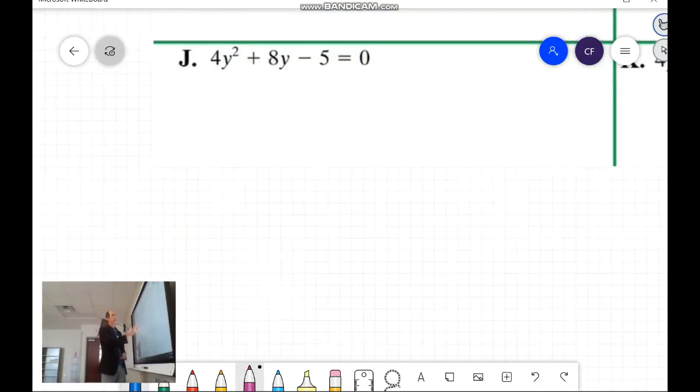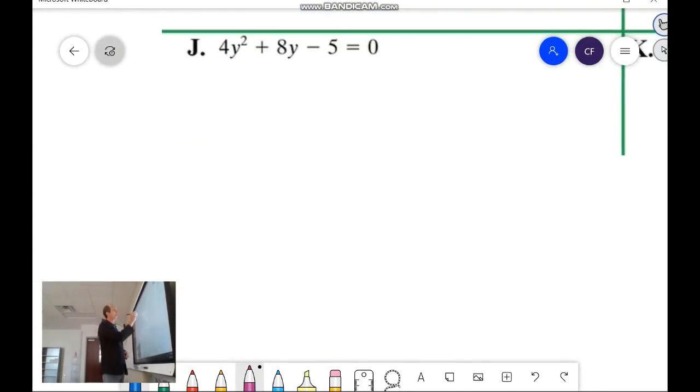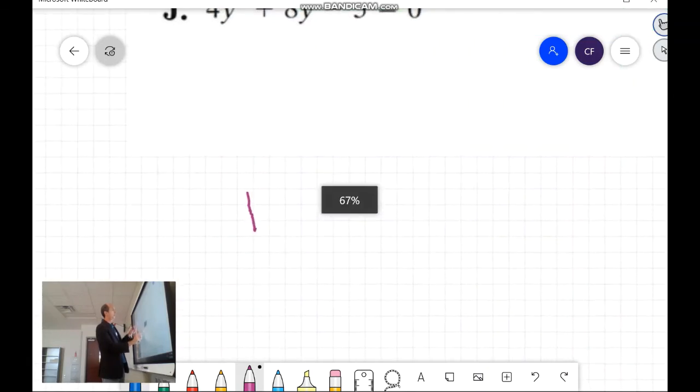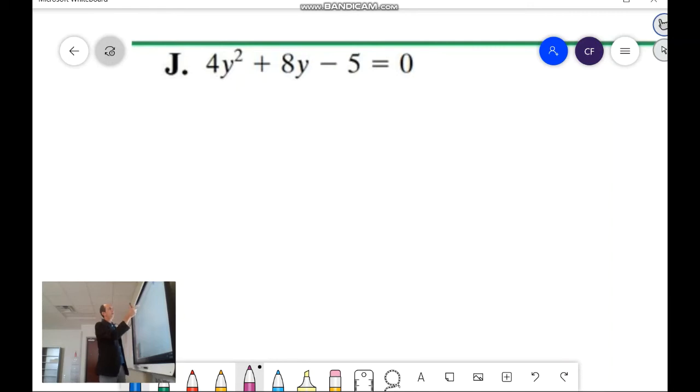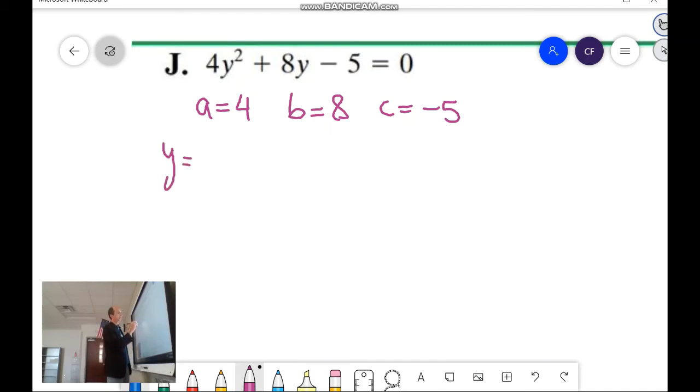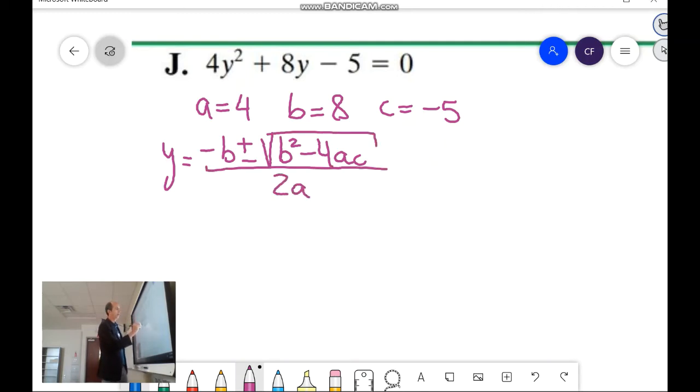And finally, you can use the quadratic formula that we learned. Let's say you have here on letter J 4y squared plus 8y minus 5 equals 0. We can find a equals 4, b equals 8, and c equals negative 5, right? Plugging into the formula, y equals negative b plus or minus the square root of b squared minus 4ac over 2a.